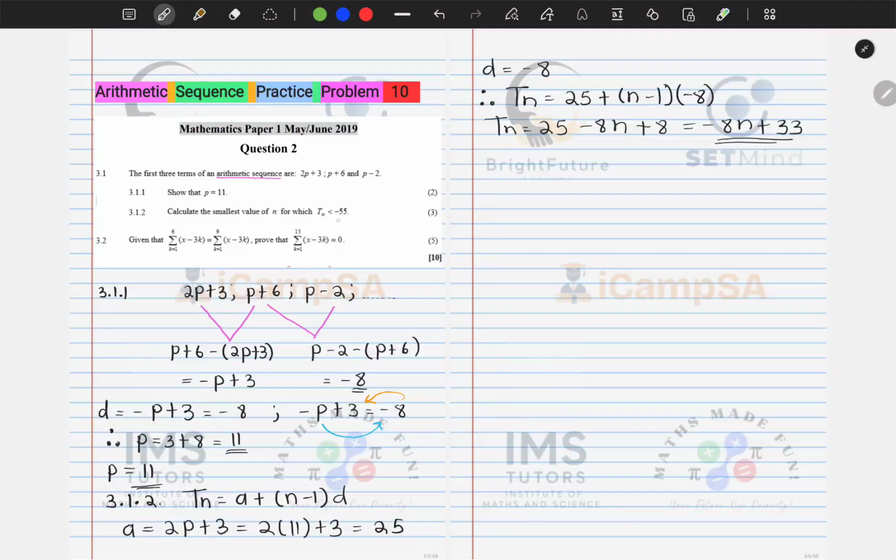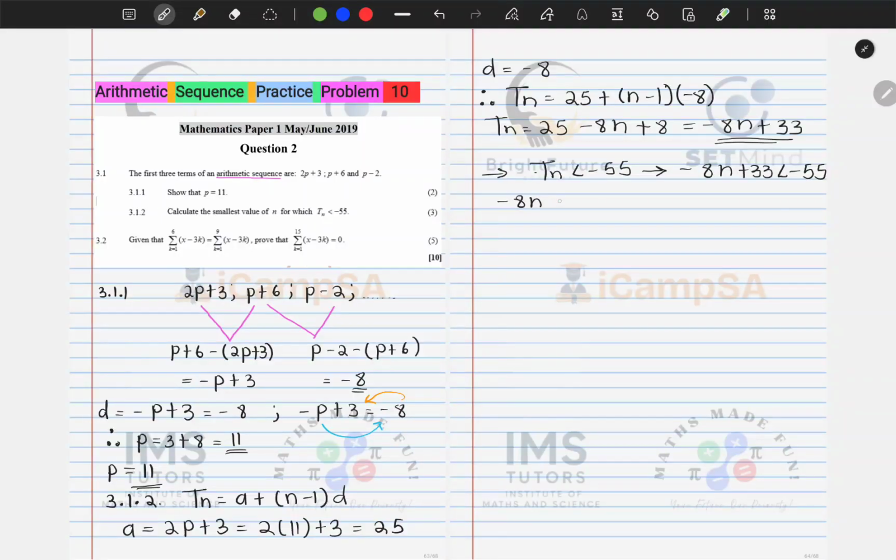So we need Tn to be less than negative 55. But that is going to be negative 8n plus 33 less than negative 55. So what does that mean?